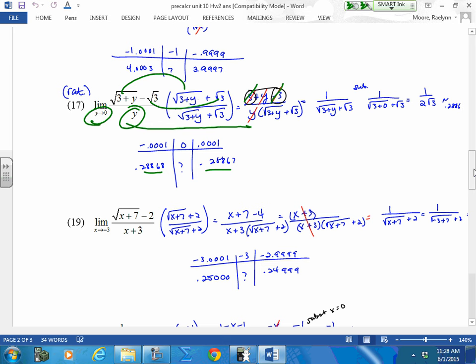You had to take this conjugate and multiply the top and the bottom by its conjugate. The only way to eliminate this y is to factor it out of here. So we've got to get these radicals away. So normally we rationalize the denominator. This time around we just have to rationalize wherever your radicals are, which is your numerator.